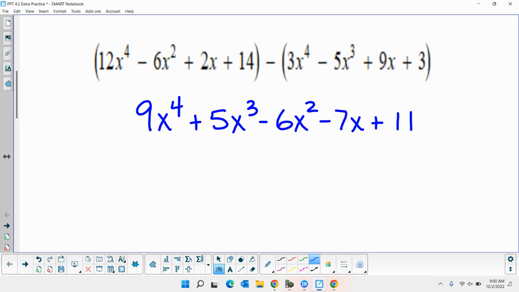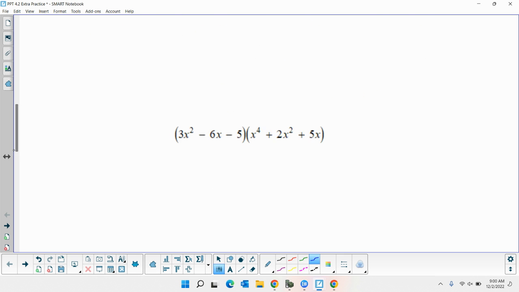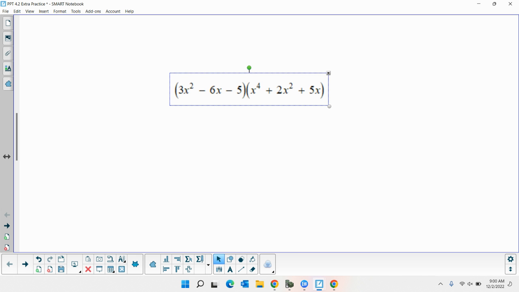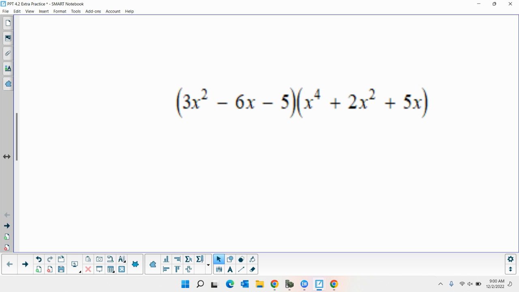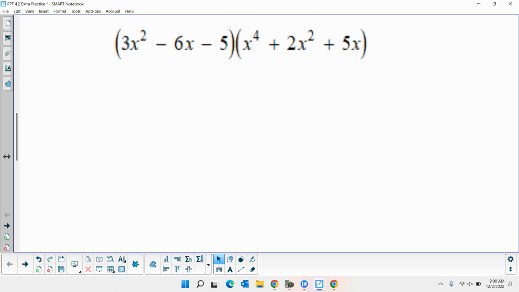All right. Let's do a multiplication, a product. Here, I'll make this bigger too. So this is going to distribute 3 times. You're going to have 9 terms, and then combine any like terms.